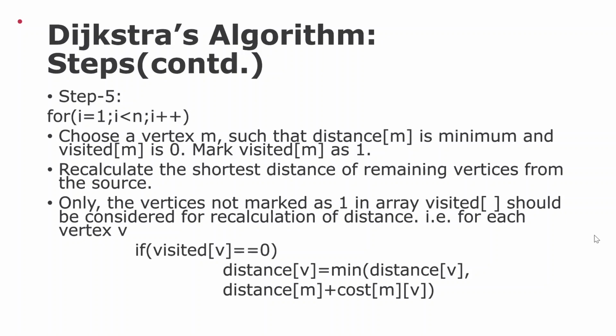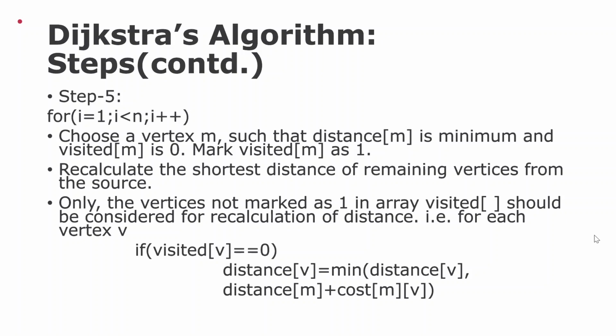Out of this row, the one which has the minimum cost will be selected and marked visited equals 1. So that is what it is written. Choose a vertex m such that distance[m] is minimum and visited[m] is 0, mark visited[m] as 1.